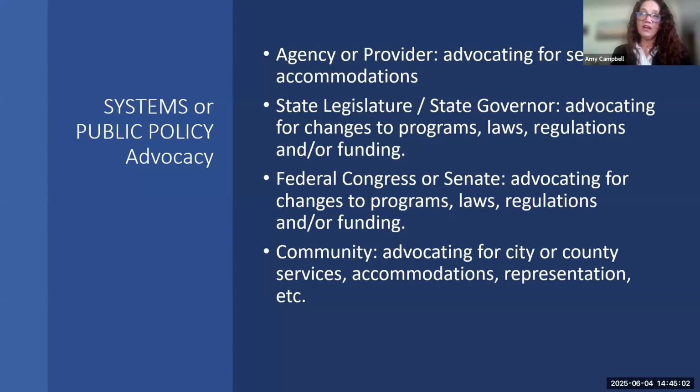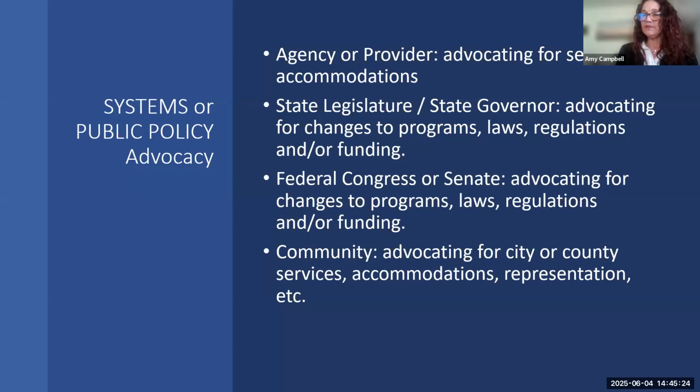And, you know, we don't talk about it very much, but community level advocacy is perhaps one of the most effective levels of advocacy, because if you have a city or county that is supportive of the issues relating to folks with disabilities, you can get a lot done at the local level.